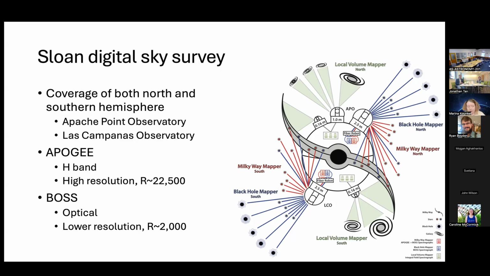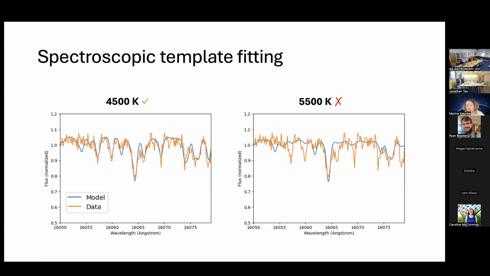So having all of these data, how do we extract their stellar parameters? Well, the way it's normally done is through template fitting. You try to throw in all of the atomic physics you can think of: how a gas of particular composition at given temperature and pressure would produce light, what types of features it will have.